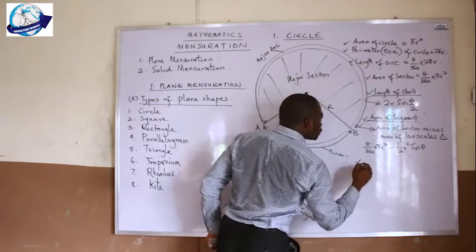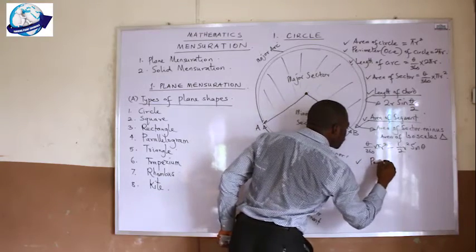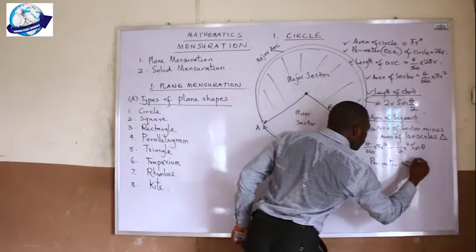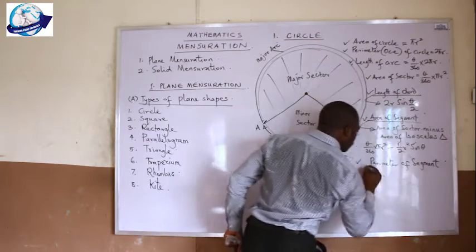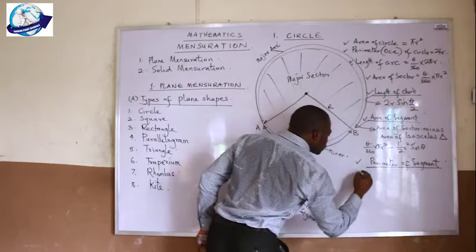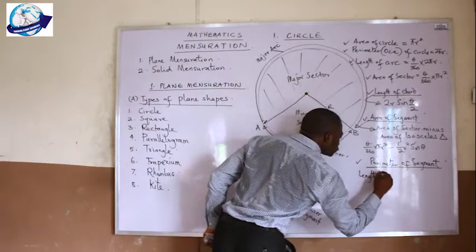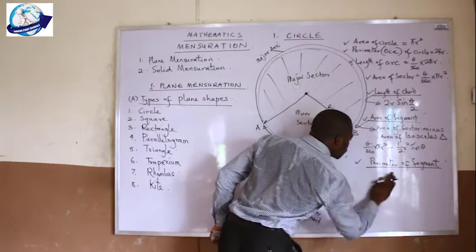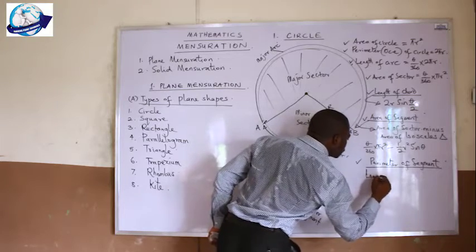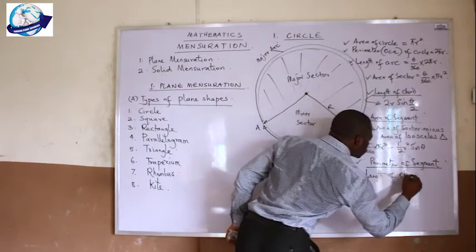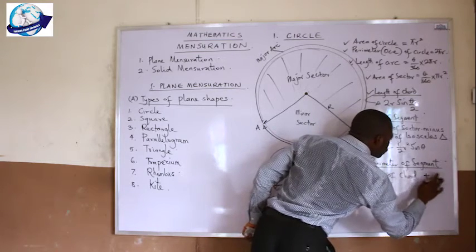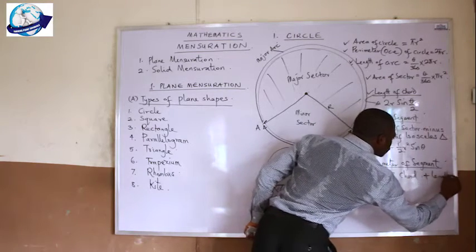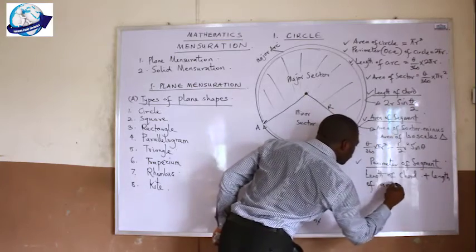Now, next thing is the perimeter of segment. That's the length of chord plus the length of arc.